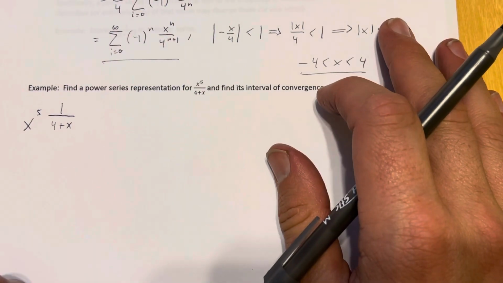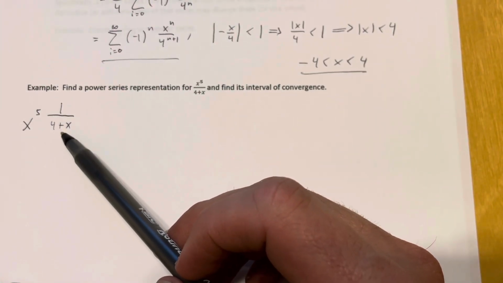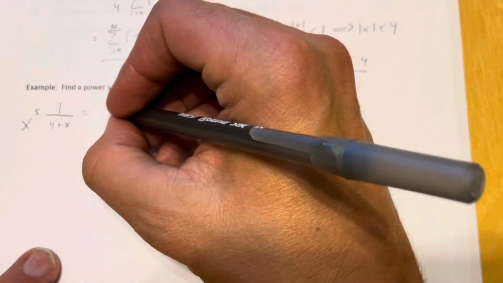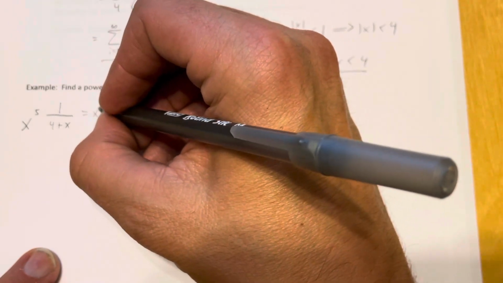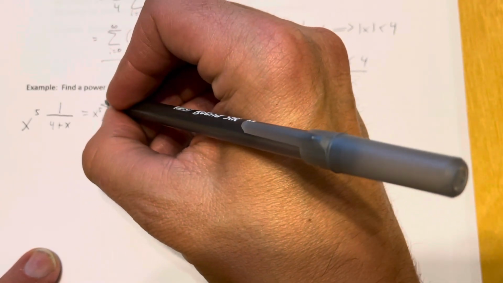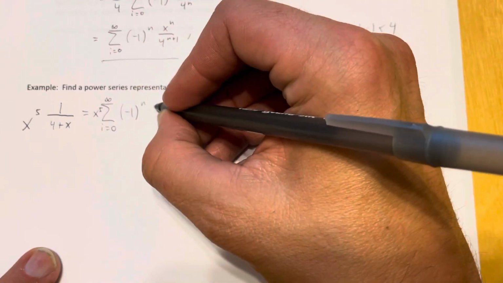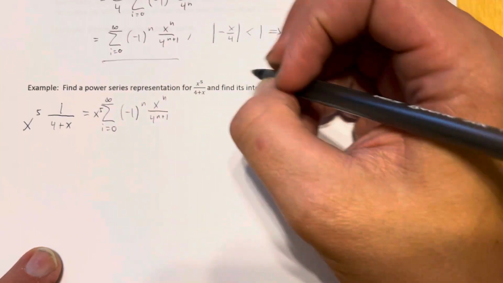So basically just pulling the x to the fifth out front. And then I can use the fact that I just found a power series for this exact function right here. So this is equal to x to the fifth times the sum from 0 to infinity of -1 to the n, x to the n, over 4 to the n plus 1.